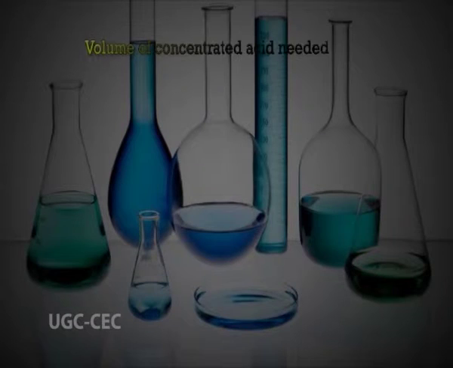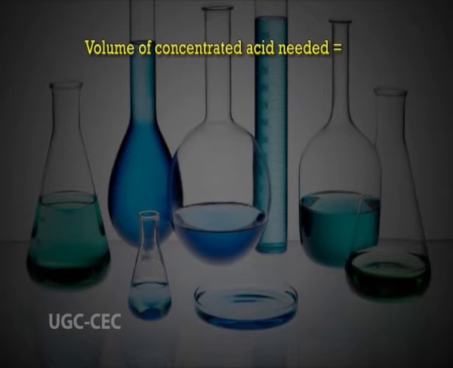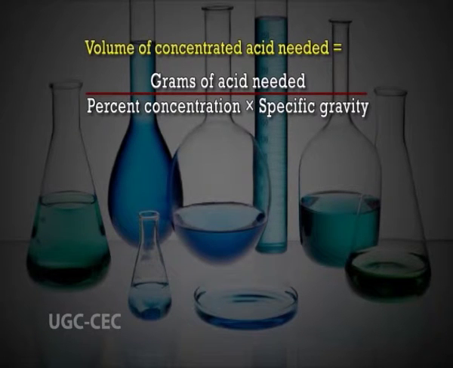But the acid is a liquid and it is not 100% pure active sulfuric acid. So, we will need to calculate what volume of the concentrated acid contains 49 gram of sulfuric acid. This problem can be overcome by using the formula: volume of concentrated acid needed is equal to grams of acid needed divided by (% concentration times specific gravity).